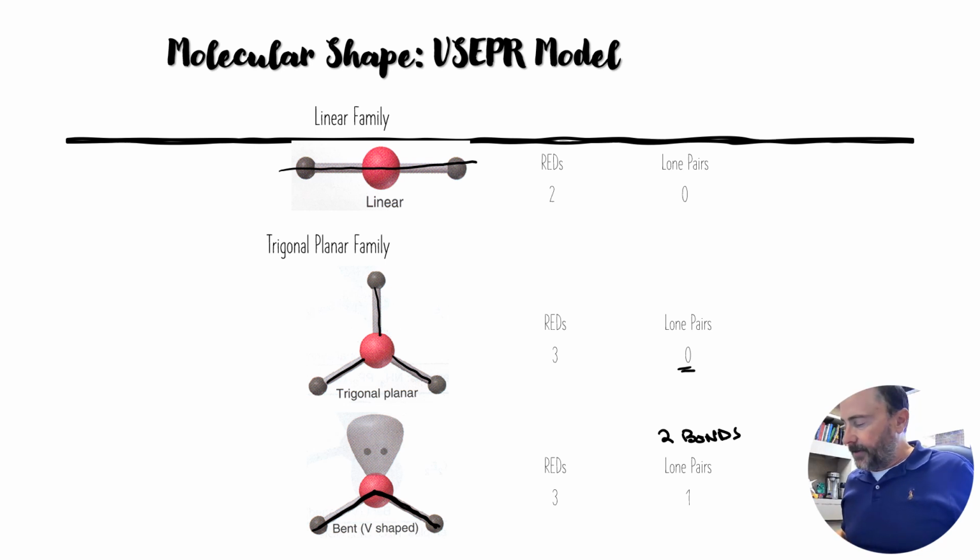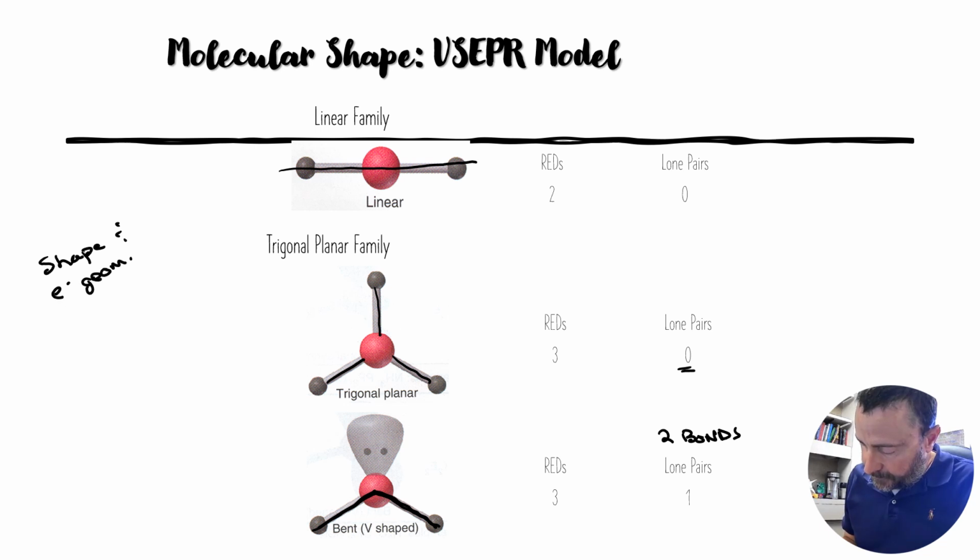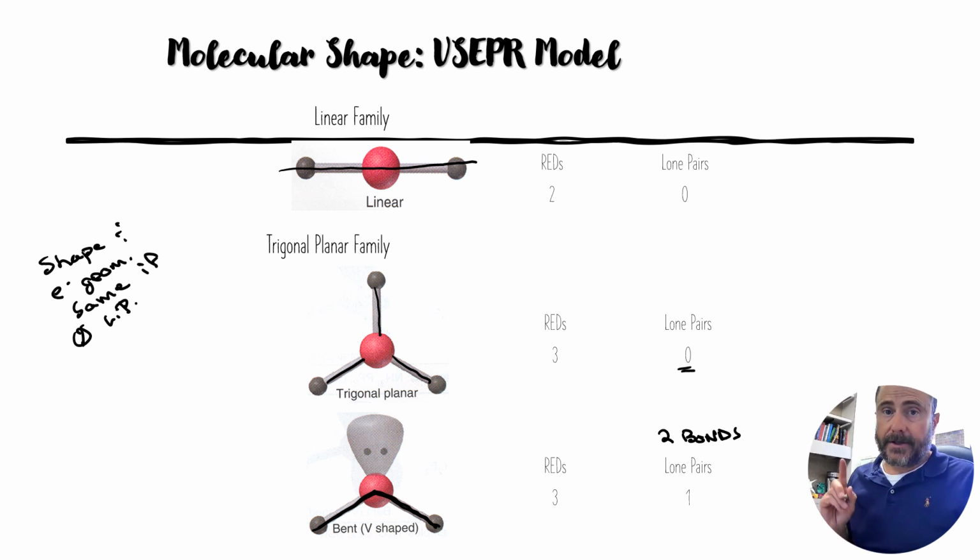So the shape and the electron geometry are the same if there are no lone pairs. The shape and the electron geometry are different if there are some lone pairs.